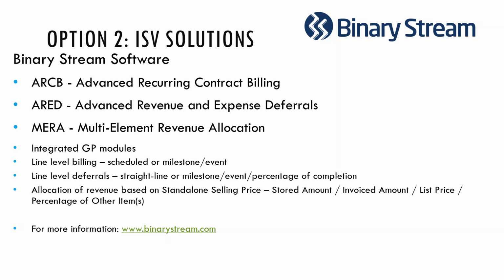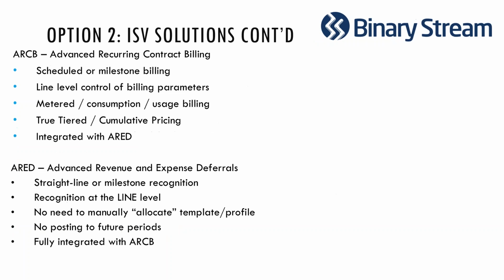So basically what's going to happen is we're going to give you in the advanced recurring contract billing either scheduled, monthly, quarterly, and so on, billing, or milestone-based billing. Milestone billing would be like, I'm going to charge you 10% on contract inception, I'm going to charge you 20% upon installation, 30% upon testing, and so on. Kind of hard to lay that on a calendar.